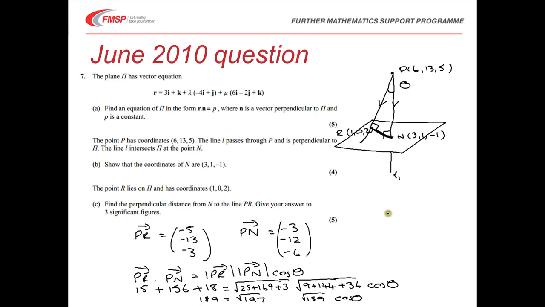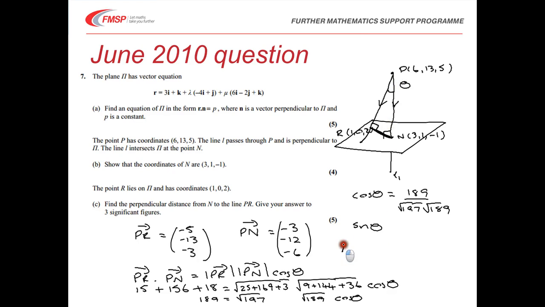So what we can do with this is work out cosine of theta as 189 divided by the square root of 197 times the square root of 189, and then from that you can go on to work out sine theta. The length of this line here will be the hypotenuse, which is the length of PN.